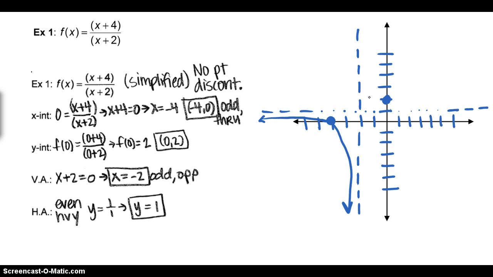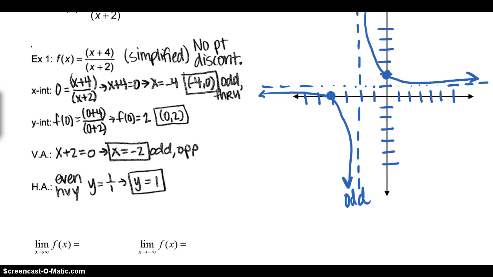For my vertical asymptote it was odd, so it's going to go opposite ways. Let me write odd here. So we know this guy starts up this way, and its end behavior is that it approaches this right here. This one's kind of an easy peasy one, hopefully not too bad for you. So that's what this graph is going to look like.